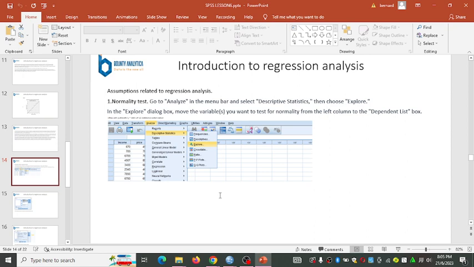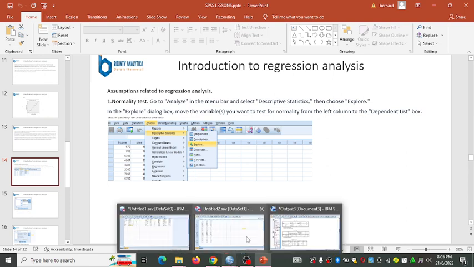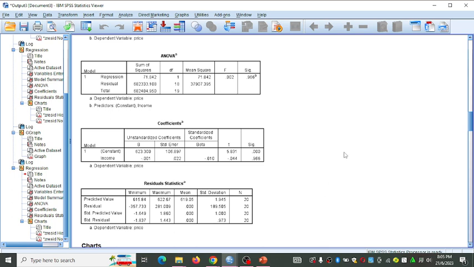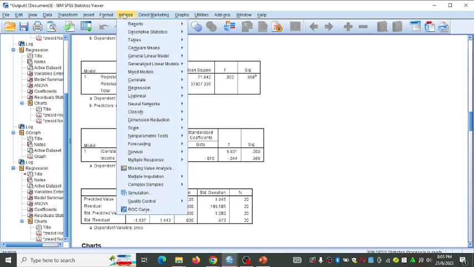For the normality test, you just click on analyze, descriptive statistics, explore. Click on explore.